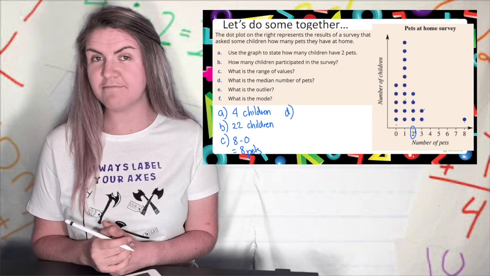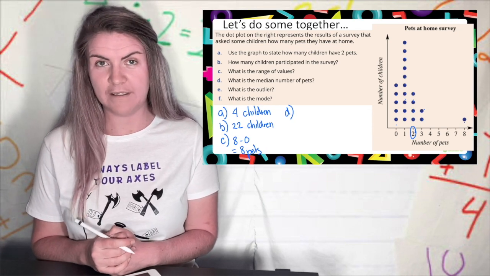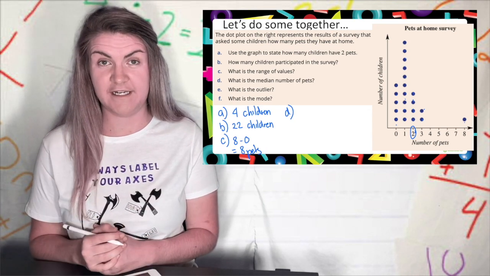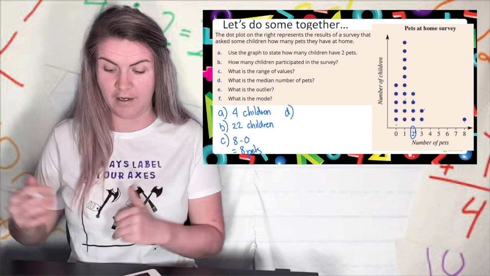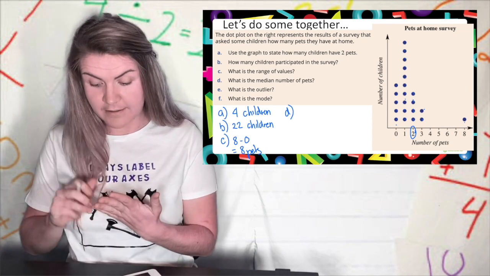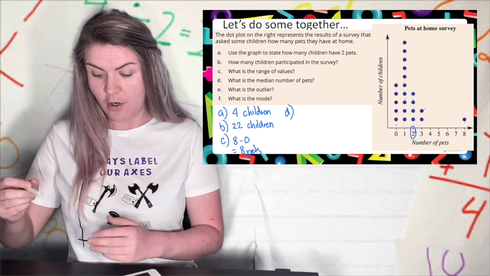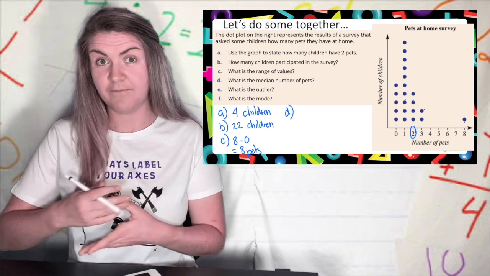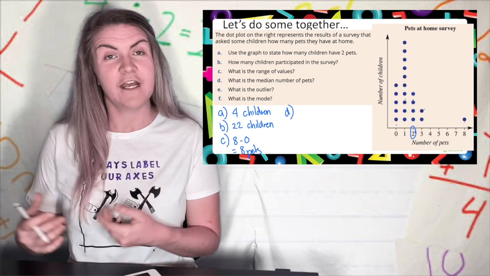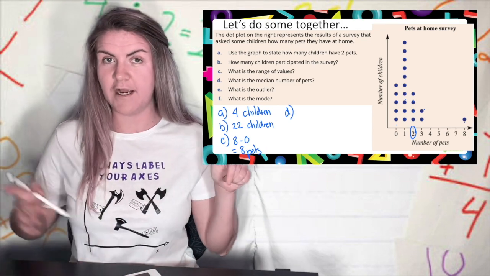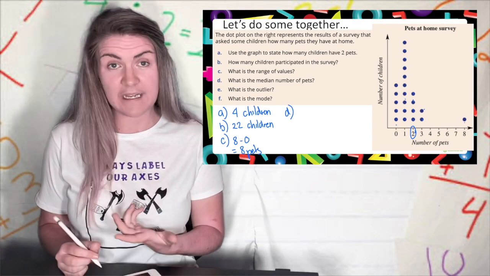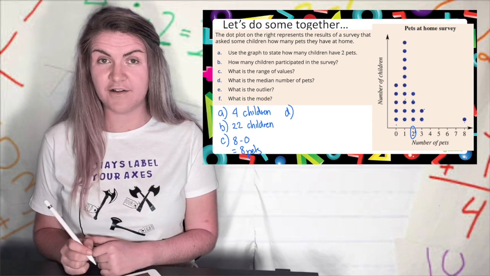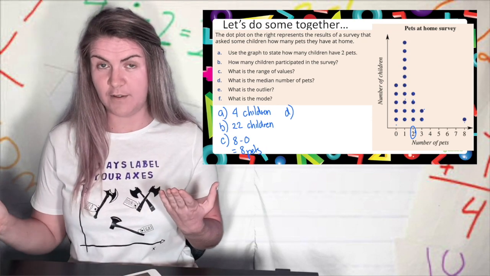D. What is the median number? Well, if I was to take all of this data and write it in an ascending order, it would look like this. 0, 0, 0, 0, 0, 1, 1, 1, 1, 1, 1, 1, 1, etc. until I got all the way up to 8. And to find the median, I'd cross off the highest and cross off the lowest. I can do the same thing on the graph as long as I'm making sure that one's the highest and one's the lowest.